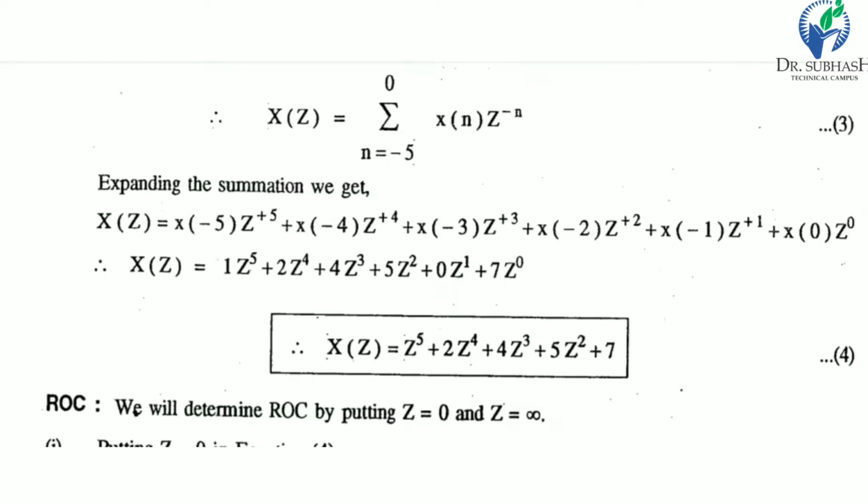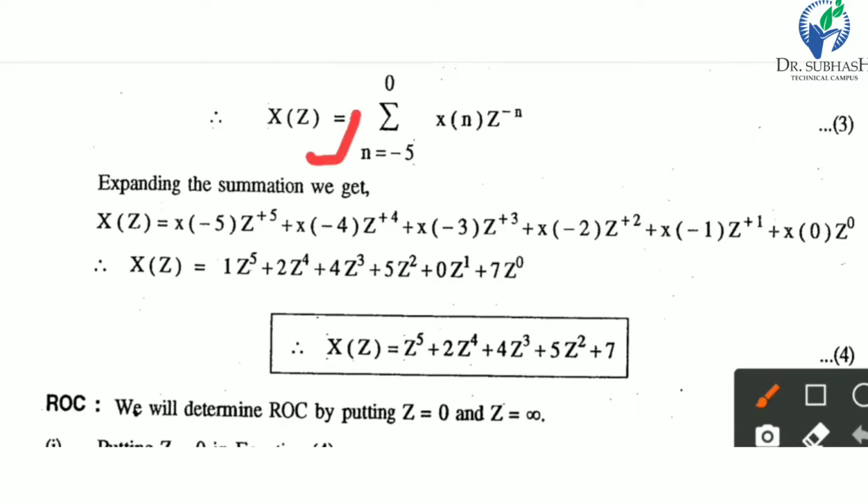So X(z) equals summation n equal to minus 5 to 0 x(n) z raised to minus n. Now we put the n values minus 5 to 0 in this equation and expand the summation.